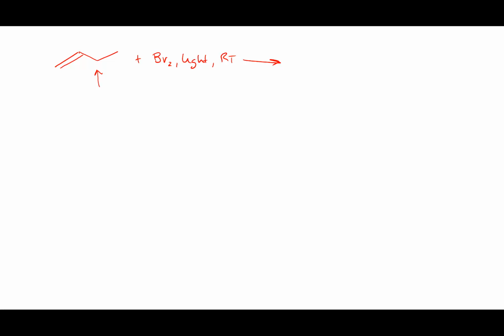So you may have wanted to add a bromine and substitute for a hydrogen on the allylic position. You're not going to do that. Instead, what you're going to do is bromination, and that's not what we want with bromine, light, and room temperature, because you see those conditions, you immediately think free radical halogenation.